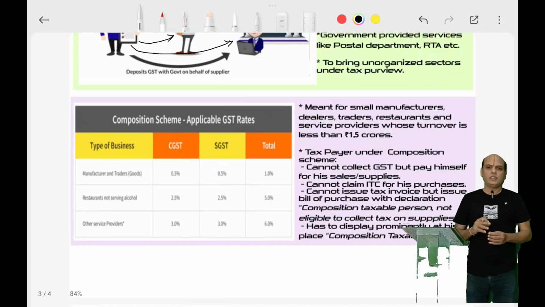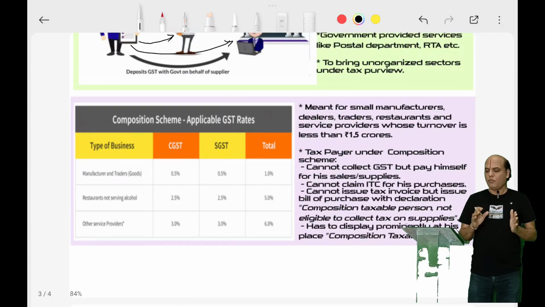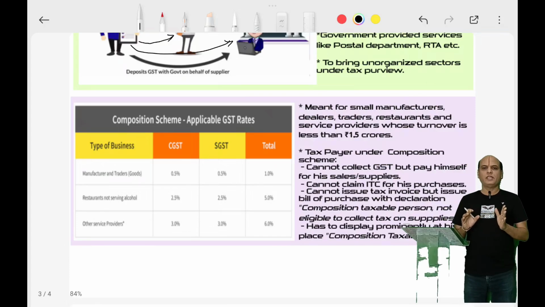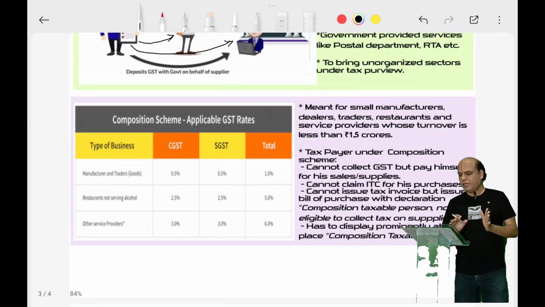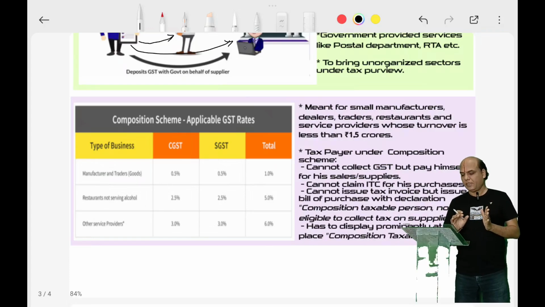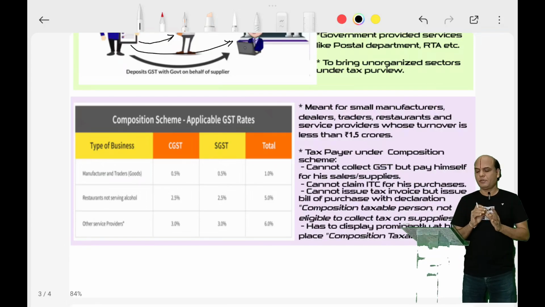There is another scheme called composite scheme. This scheme is meant for small manufacturers, traders, restaurant service providers, restaurants, petty service providers.